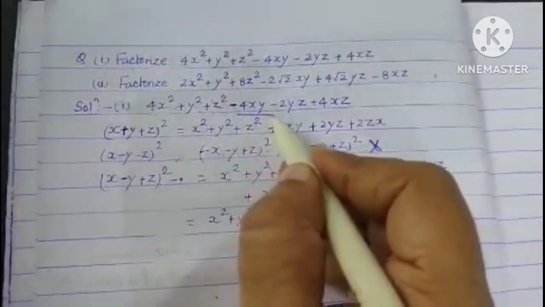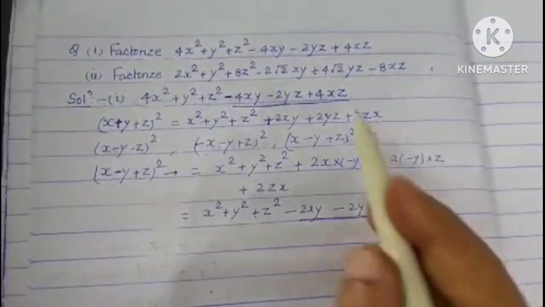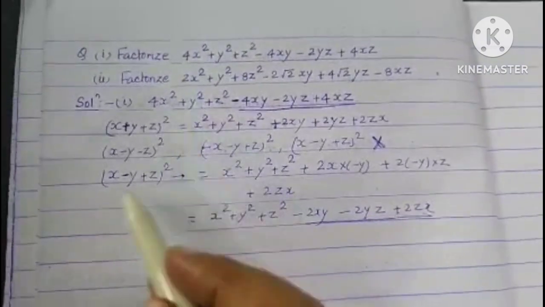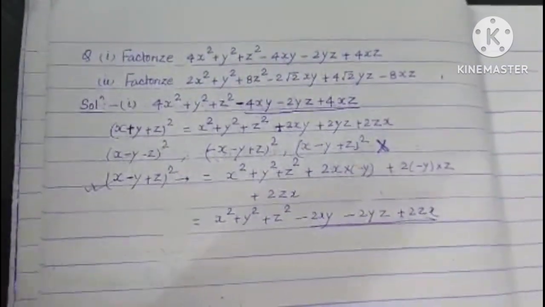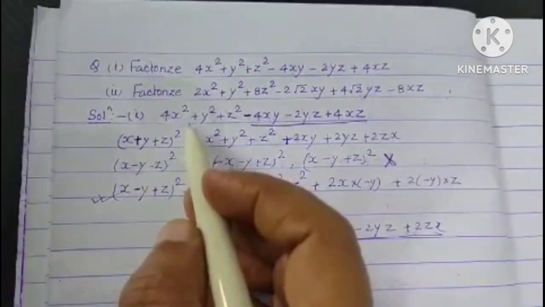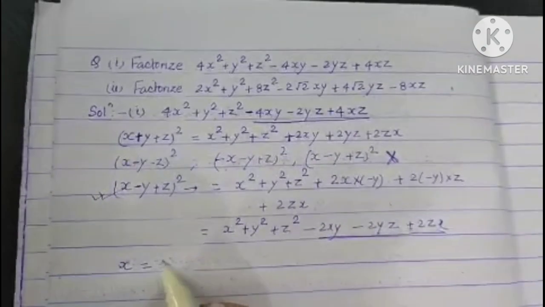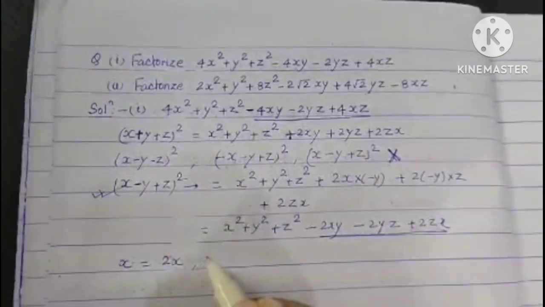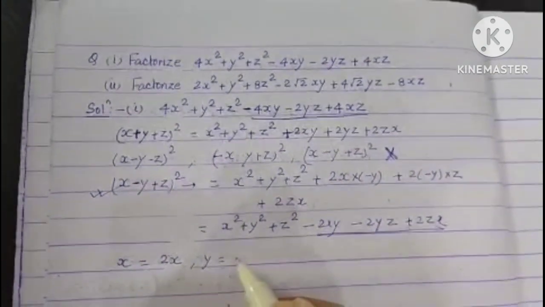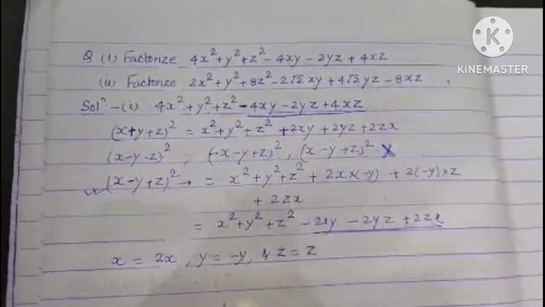Now you see, this one will match here. First, second minus and third one is plus. So basically its factorization will come in the form of this one. So first of all, you write what is the value of x, y and z. So in this example, we see that x equal to 2x, y equal to, you can write minus y, and z equal to, you can write z.